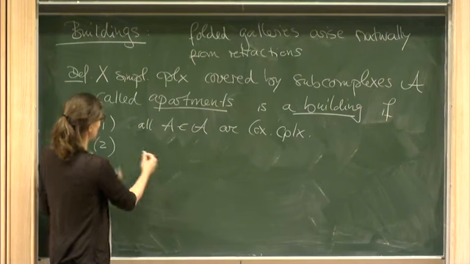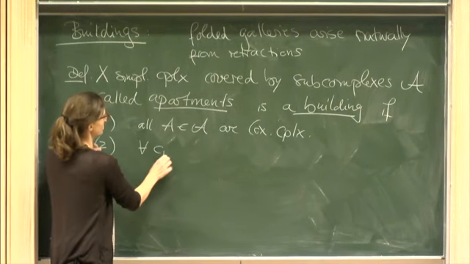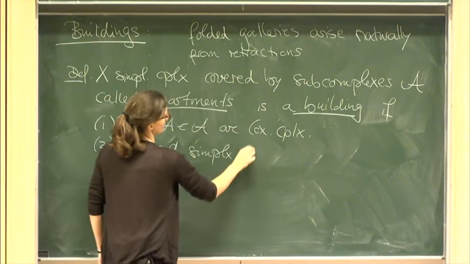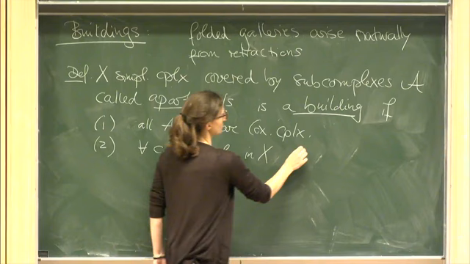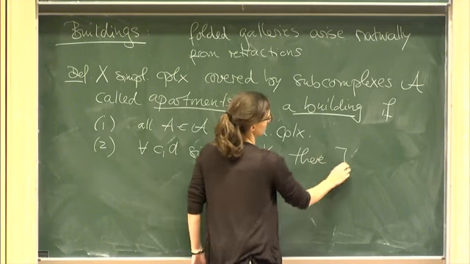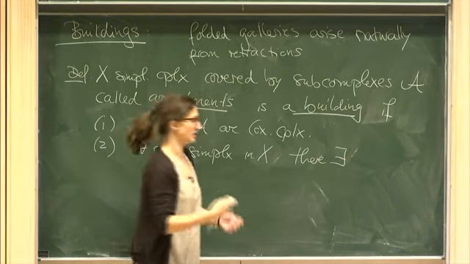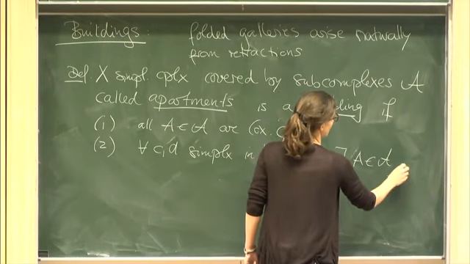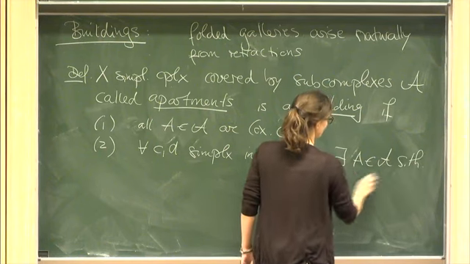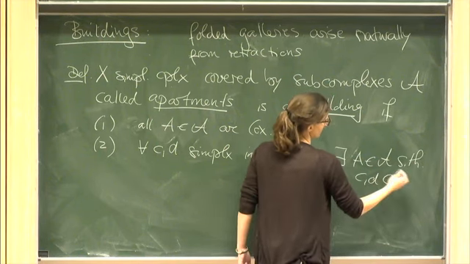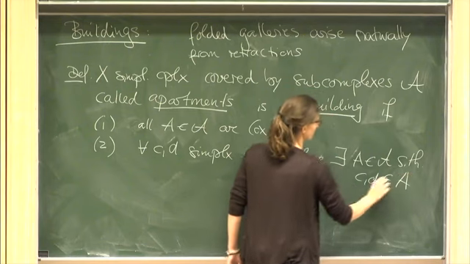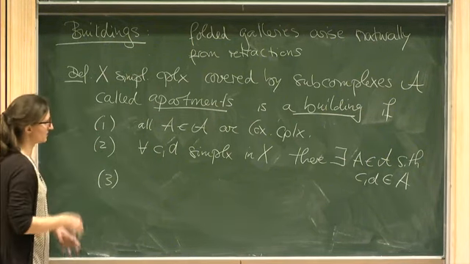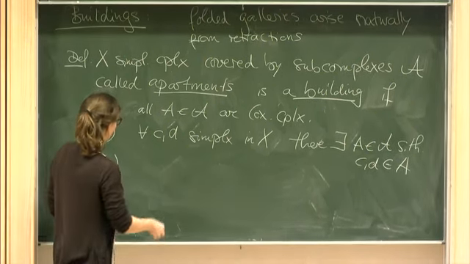So for one, for every pair of simplices C and D in X, you assume that there is an apartment containing both of them. So there is an A in the atlas such that C and D are contained in A. And then you want it to be regular.